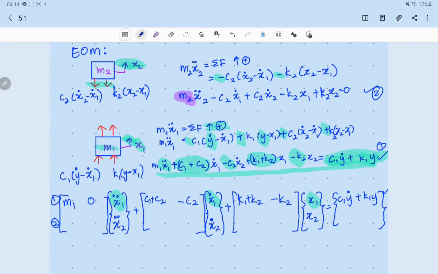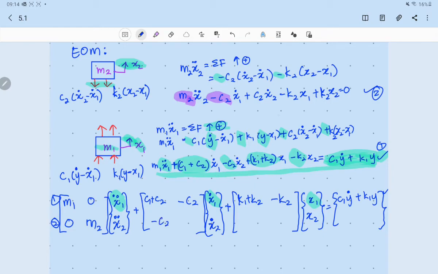So you have 0 here for x double dot 1, but you do have m2 times x double dot 2. Then take a look at your x dot 1 coefficient. You have negative c2 for your x dot 1, so that would be negative c2.